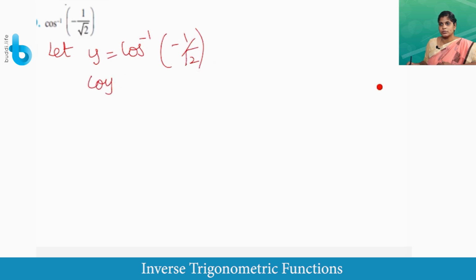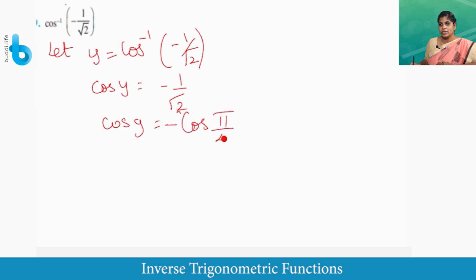So cos y equal to minus 1 by root 2. When will my value get 1 by root 2? When the theta value is pi by 4, that is 45 degree, the value of cos is 1 by root 2.